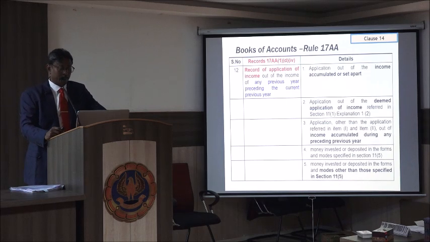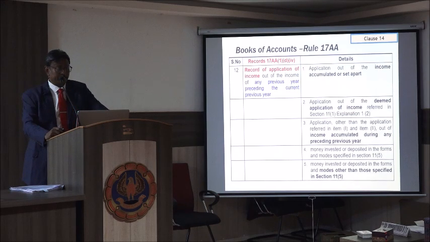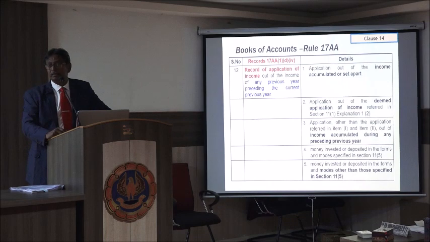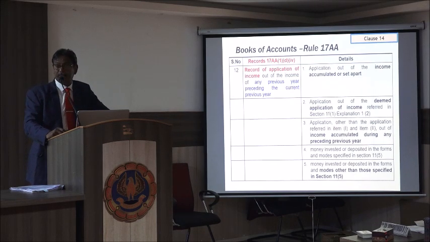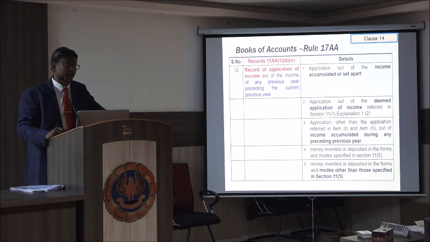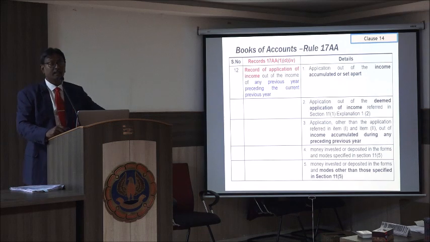I have about 15% of accumulation. What I have spent out of it, I should have a separate record. Application out of the deemed application. So 1 year accumulation, I should have a separate record. 5 years accumulation, I have spent money out of 5 years accumulation, I should have a separate record. And whatever money I have invested in 11(5) and other than 11(5), I should have separate records.